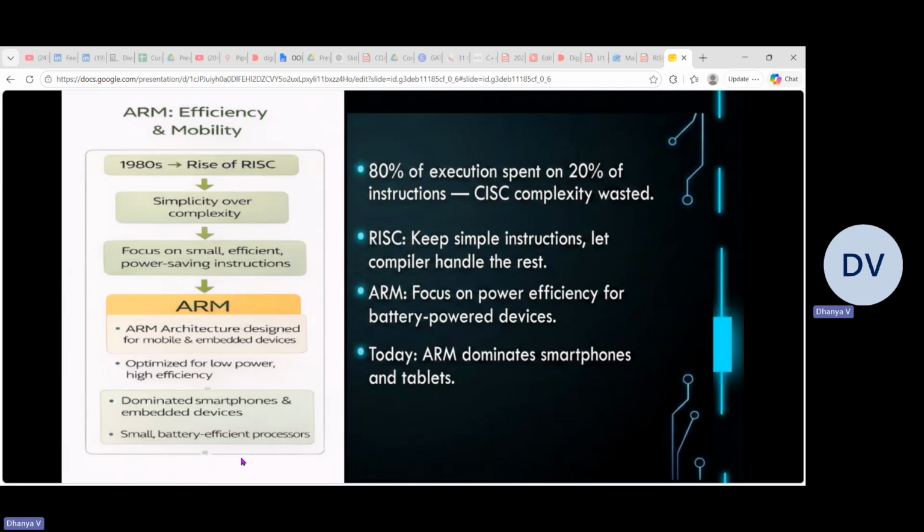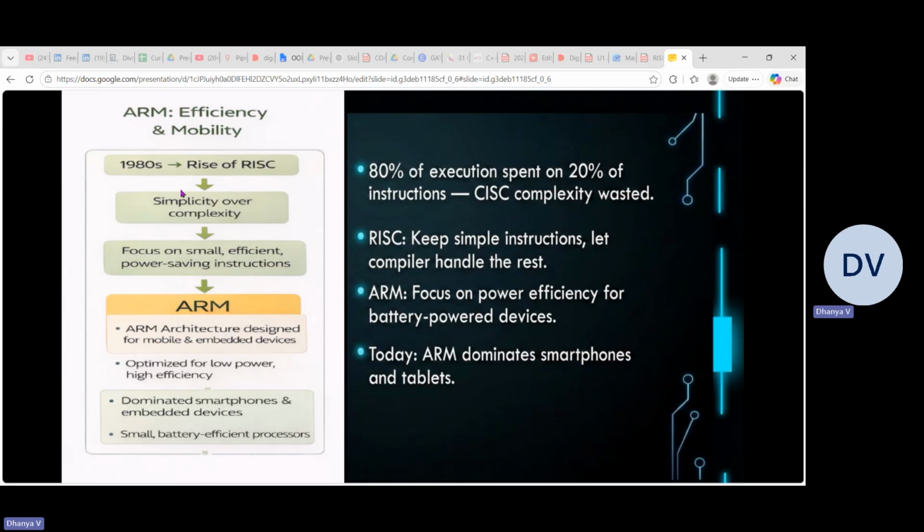So that's when the ARM architecture came into the picture. 80% of the execution is spent on 20% of the instructions. RISC's ideal motive is to keep the instructions simple and let the compiler handle the rest. ARM focuses on power efficiency and battery-powered devices, majorly used in mobile and embedded devices.